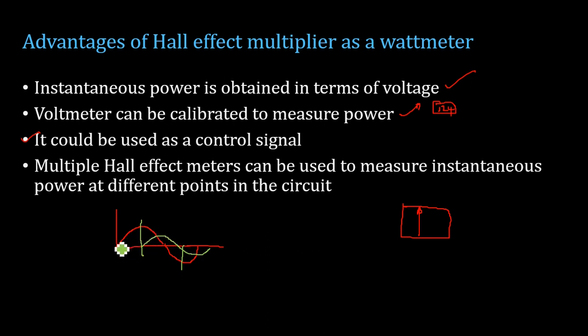You will have a positive value in certain regions and a negative value in certain regions. Average power is 0, but instantaneous power will be positive for certain times and negative for certain times, because power flows from your source to the inductor and back. You will have a fluctuation of power, which will be indicated here also, and at certain times you will have 0 power.